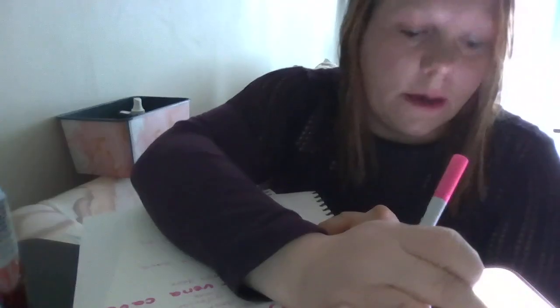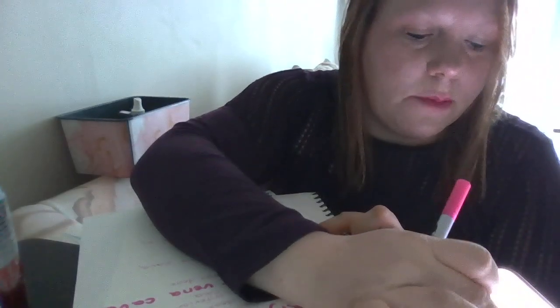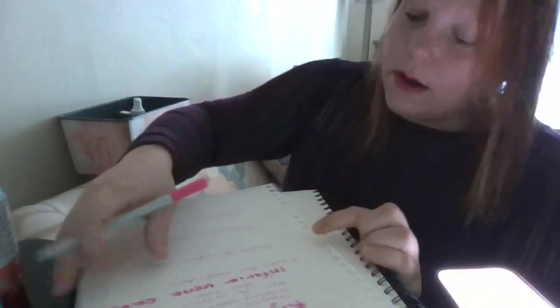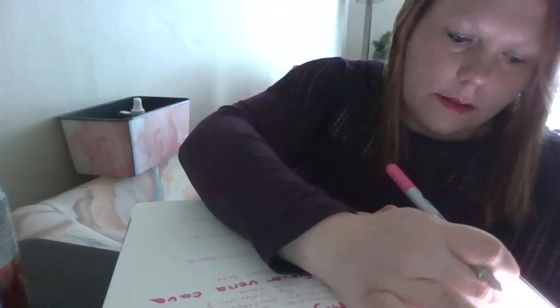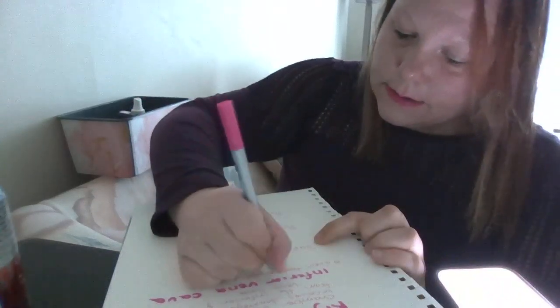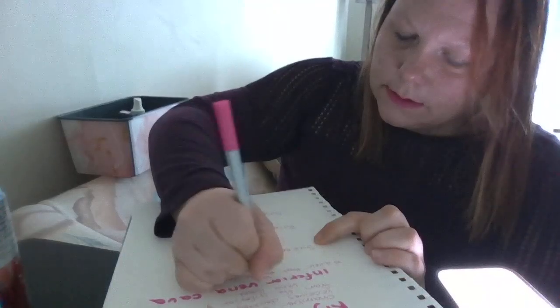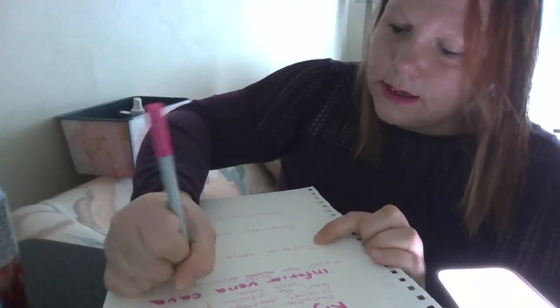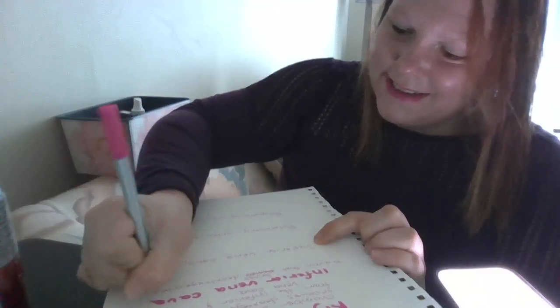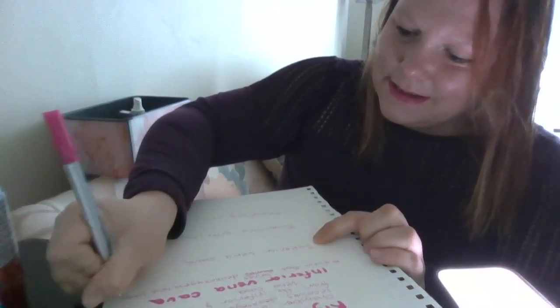Inferior vena cava is a vein that pumps deoxygenated blood to the heart from the lower half of the body. Yeah, vein that brings deoxygenated blood to the heart from the lower half of the body.